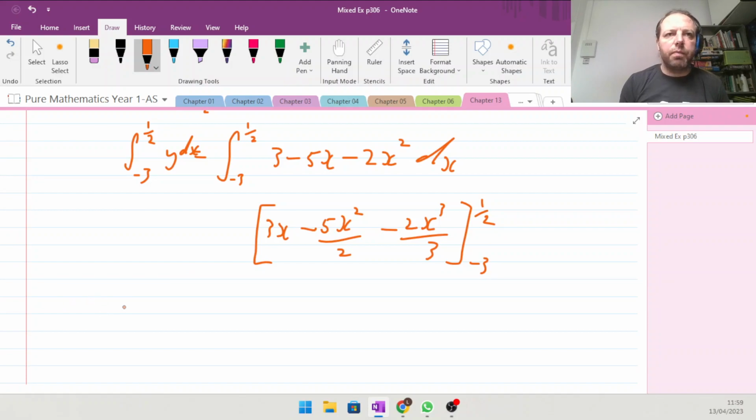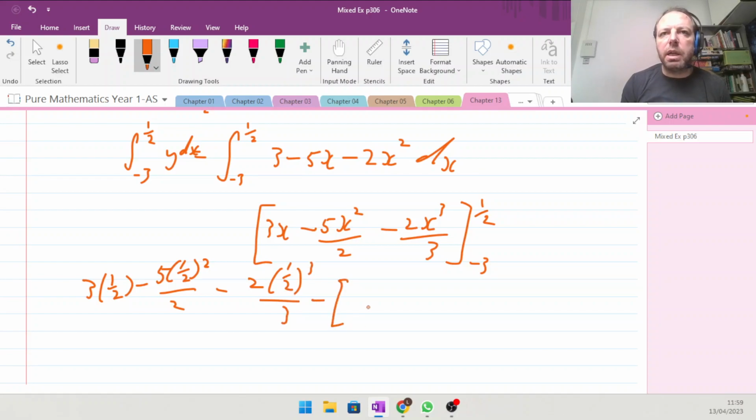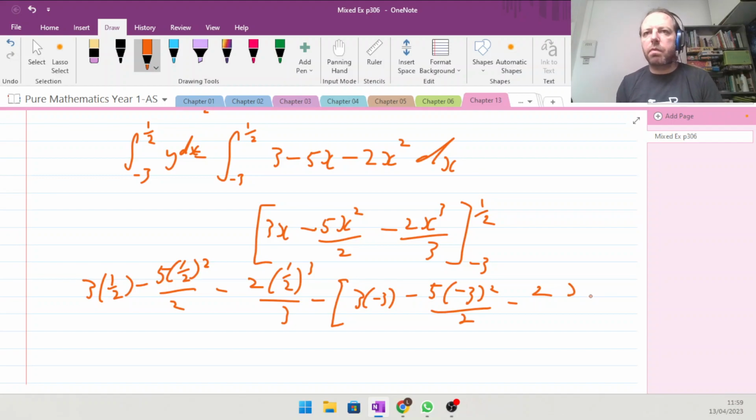Alright, so 3 times a half minus 5 of a half squared over 2 minus 2 lots of a half cubed over 3, take away 3 times minus 3 minus 5 times minus 3 squared over 2 minus 2 times minus 3 cubed over 3.